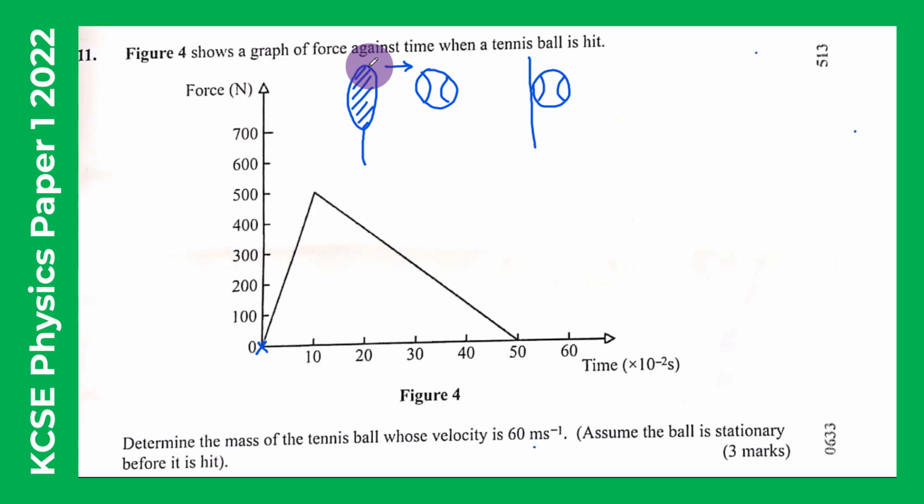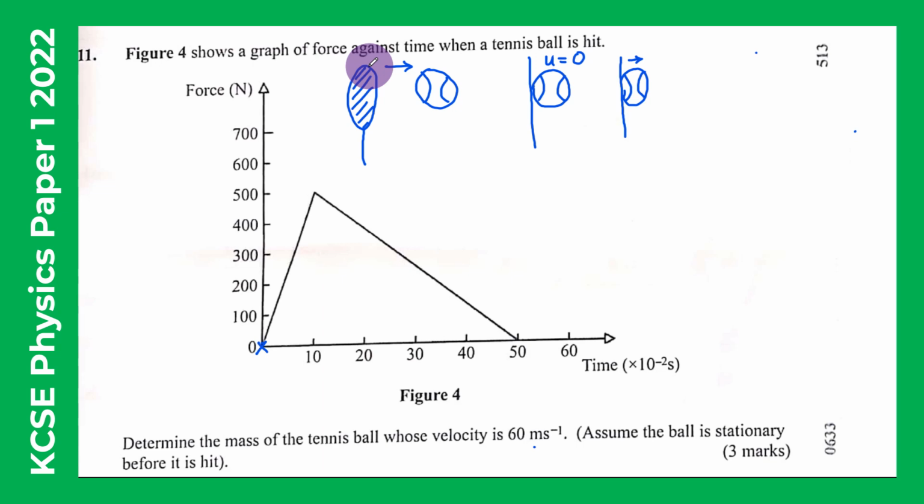Then as time goes by, and these time intervals are very, very short, the tennis ball is hit and starts to lose shape. So here the speed of the tennis ball, because it was stationary, is 0. Here it starts to gain some speed in that direction as it loses shape.